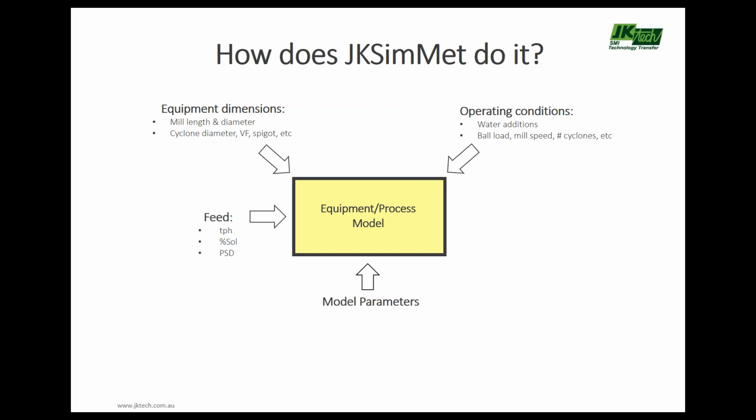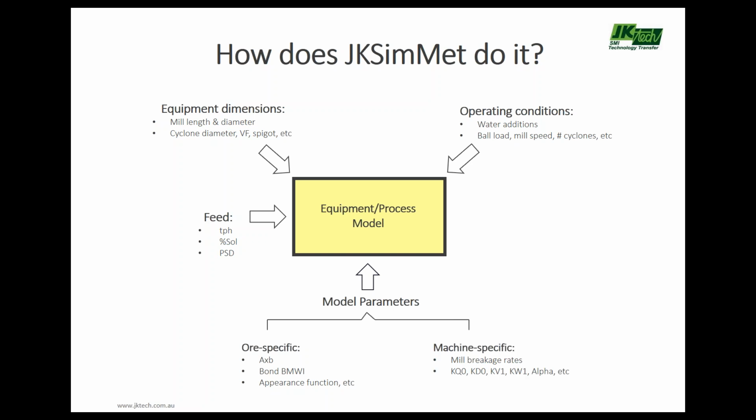But there is other input that we call model parameters. They are of two types. We have those that are ore-specific, coming from the ore characterization tests on the ore feeding this equipment or process or circuit, and those that are machine-specific, that are estimated based on model fitting techniques.